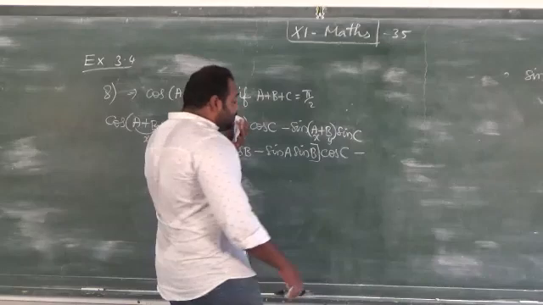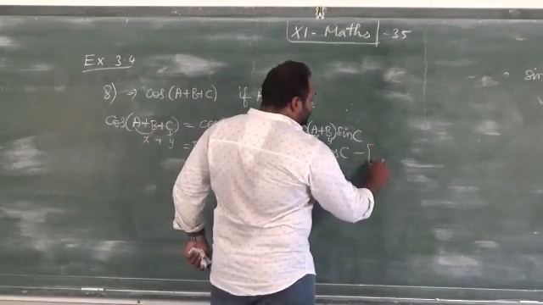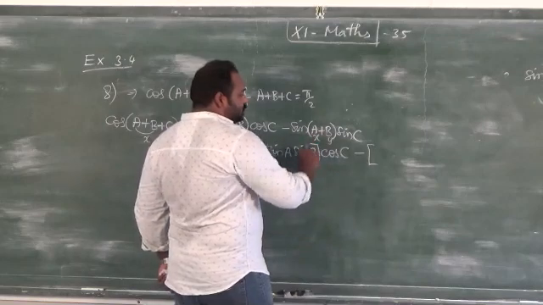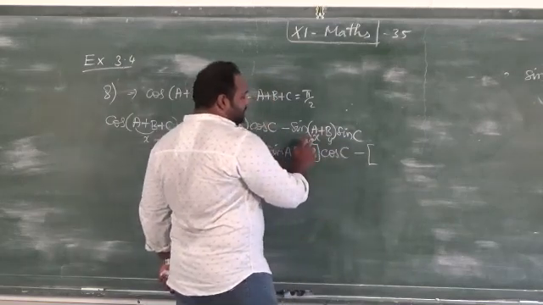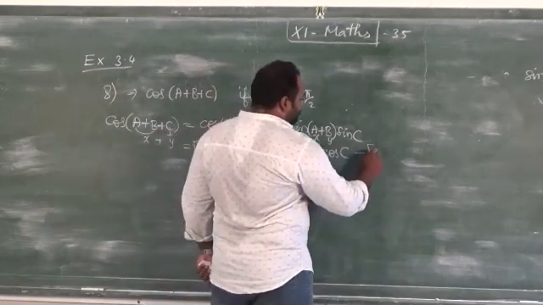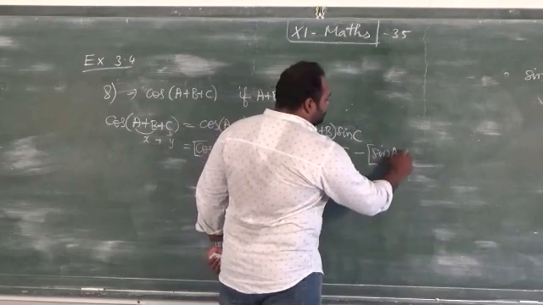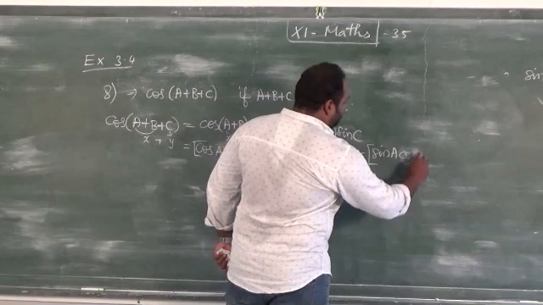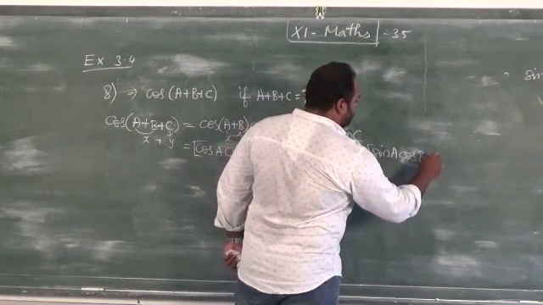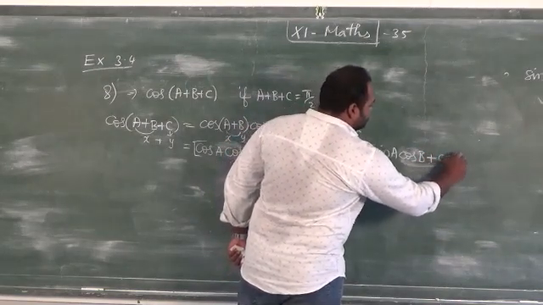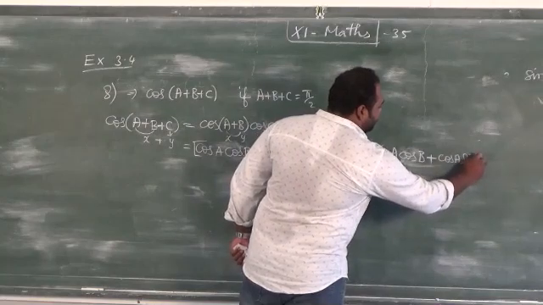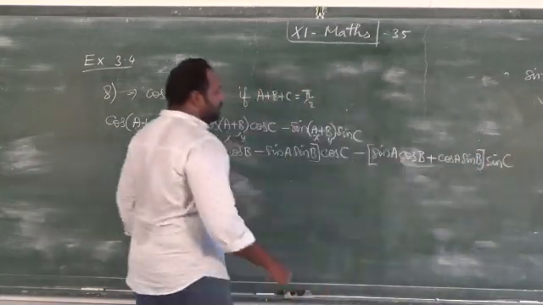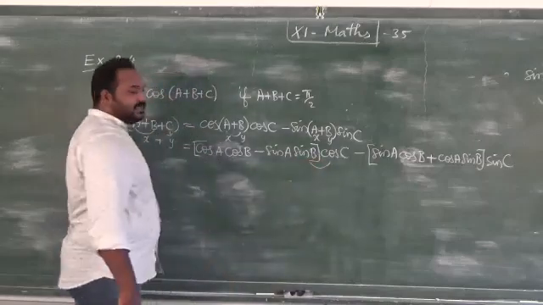So I am going to use the formula here. Here also you can take a bracket because sin c is separate. We have to multiply these two. So first let me explain this bracket: sin a cos b plus cos a sin b, into sin c. Next, multiply sin c inside the bracket first.